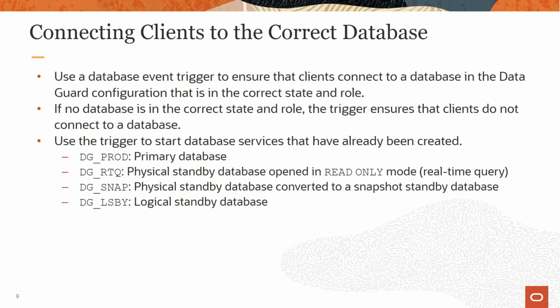So we can use the after startup trigger, or we can use the after DB role change trigger. So you can use one of the two possible options. Your trigger will start the service for primary database, service for real-time query, and service for snapshot standby database for testing, and also service for logical standby database.